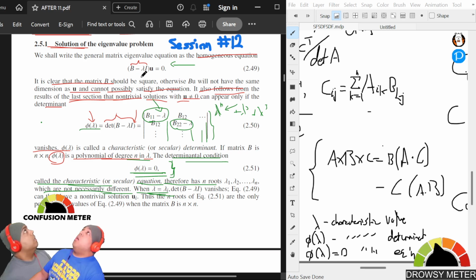Since this is 0, this could be anything. Thus the n roots are the only possible eigenvalues when the matrix B is n by n.